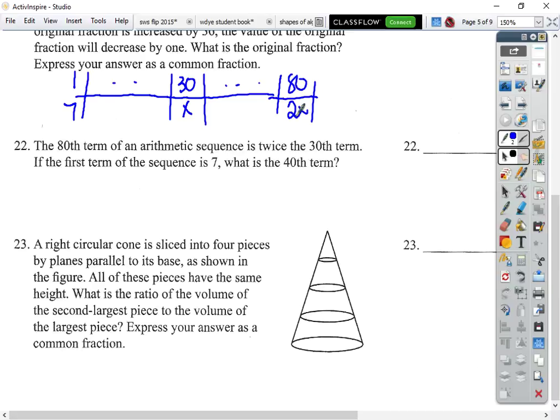But what we don't know is how much we have to add in between each of these jumps to get to 30 and to get to 80. That's what we need to know. Since it's an arithmetic sequence, we know that we're adding things up to get to the next term. If we add something to get the second, add something to get the third, all the way up to 30, it means between 1 and 30, we've made 29 jumps because we started with that 1 rather than 0.